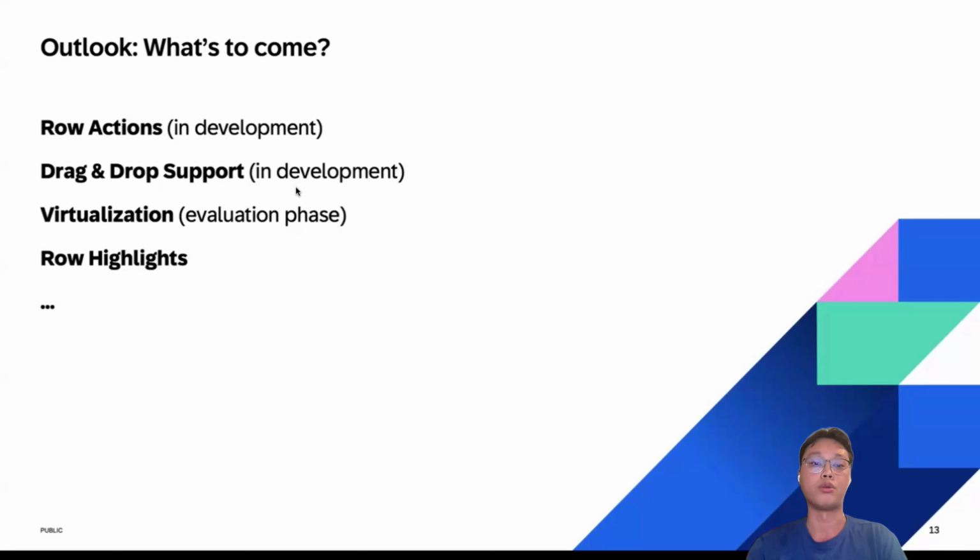We are currently evaluating virtualization capabilities for the web component table, and we're also looking into row highlights, grouping, and so on and so forth. So lots to come for the future, and we're really excited to have you see all these features coming up.